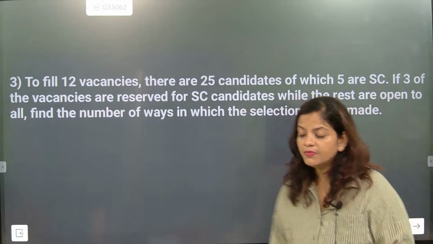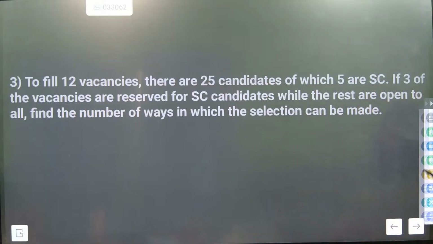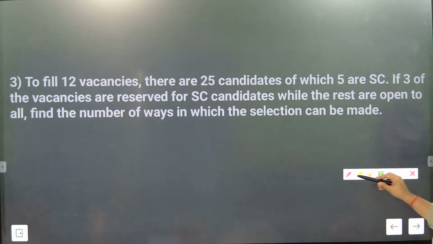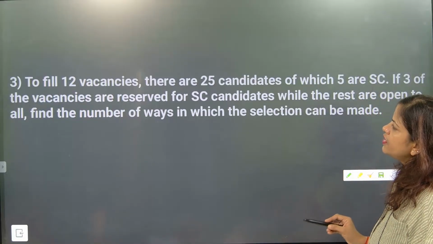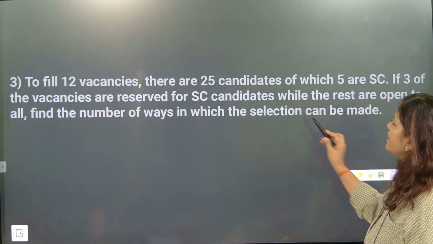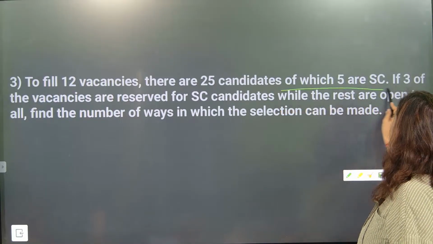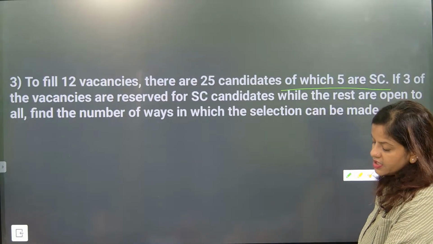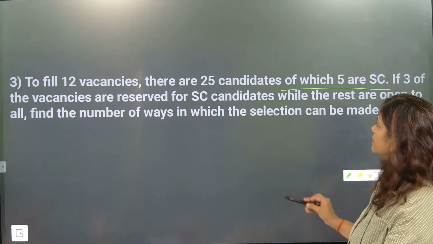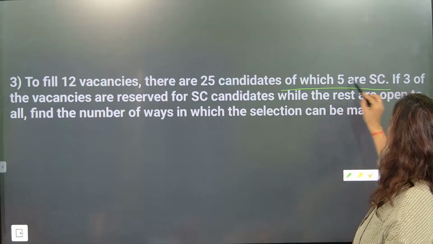See, total number of vacancies are 12. Total to fill 12 vacancies. 25 candidates of which 5 are SC. So out of 25 candidates, how many are SC? 5 are SC. Okay, 25, 5 are SC.